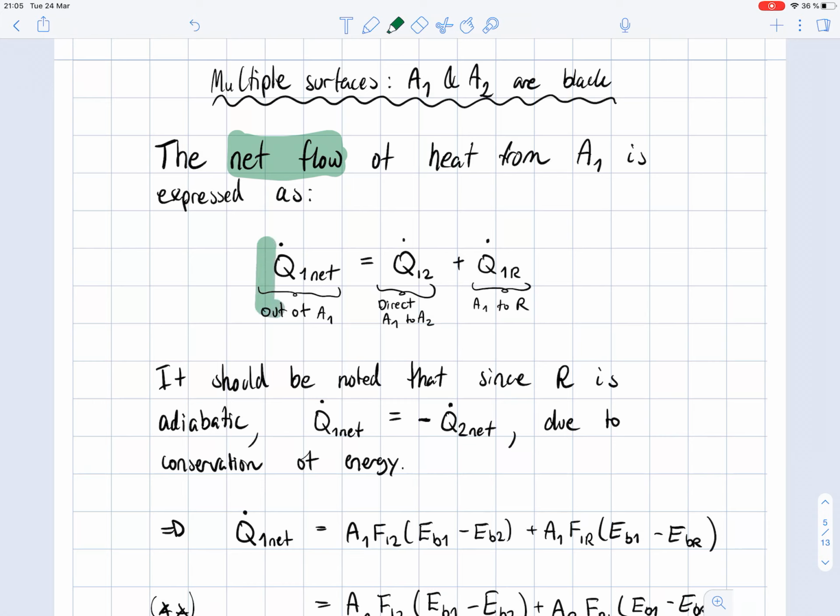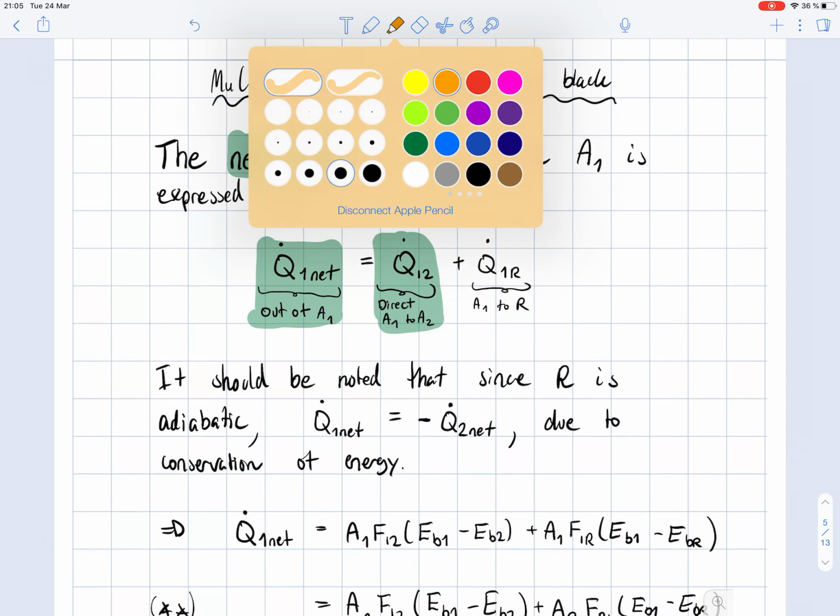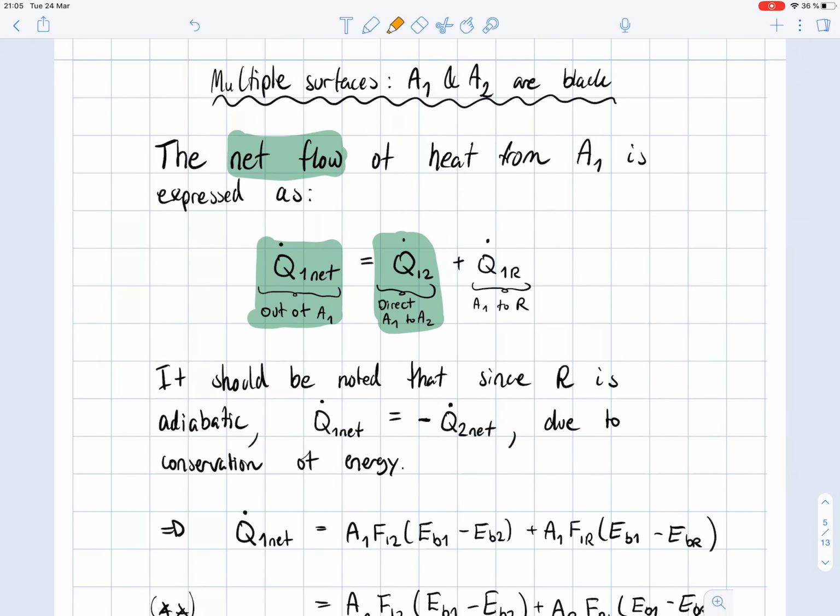So the net heat flux for surface number 1, so that is what is leaving surface number 1, has two contributions. It has one contribution, which is a direct transfer from surface number 1 to surface number 2, and it has a sort of an indirect contribution, which is to the refractory, Q1R.